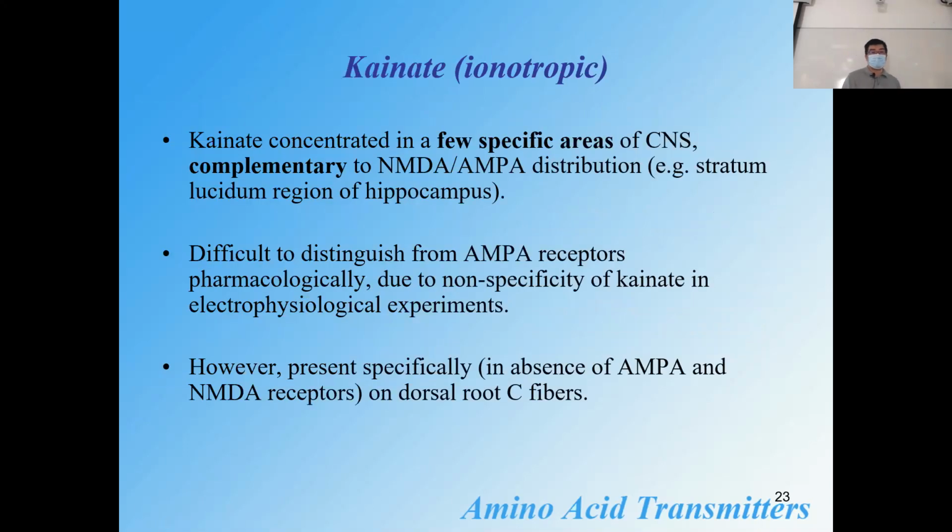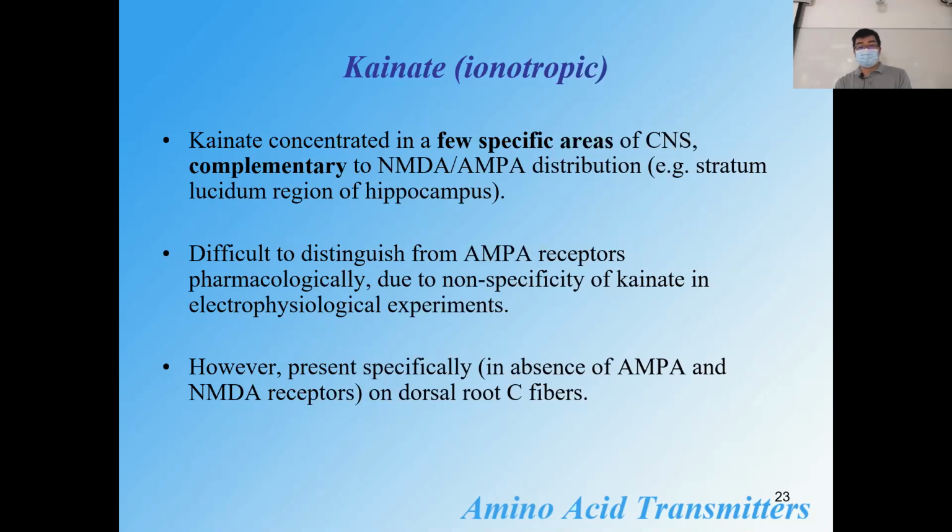Now, kainate, the other one, is also an ionotropic receptor. It is more concentrated in a few specific areas in the CNS, complementary to the NMDA and AMPA distributions, particularly in the striatum lucidum region of the hippocampus.